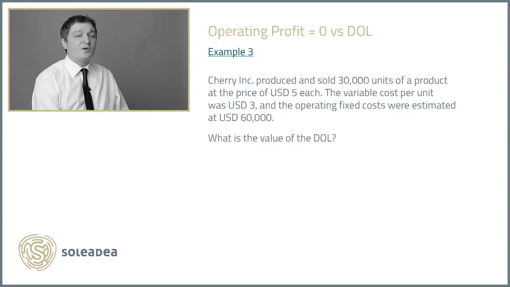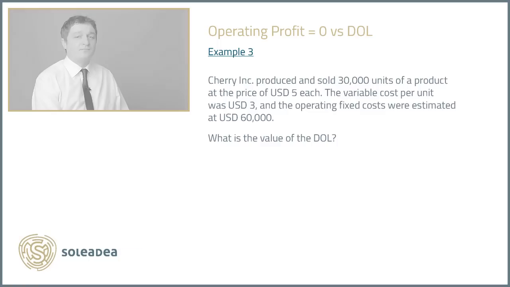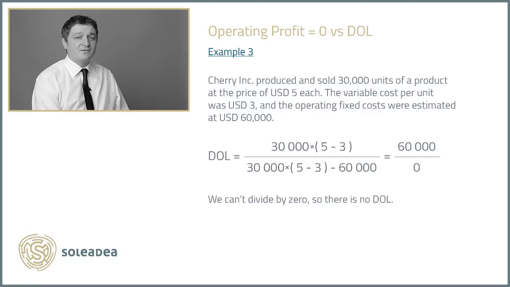The degree of operating leverage in the case of selling 30,000 units is 30,000 times (5 minus 3) divided by 30,000 times (5 minus 3) minus 60,000 equals 60,000 divided by 0. And, as we know, we can't divide by 0, so in this situation there is no DOL.